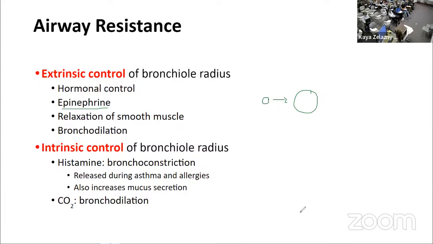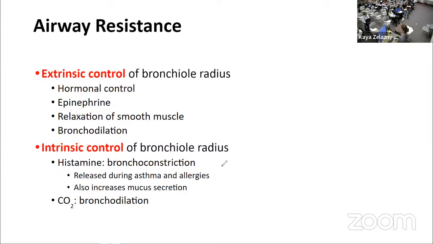So the next thing that we want to think about is intrinsic control of bronchial radius. When we think about intrinsic versus extrinsic pathways, intrinsic means of the thing itself. If you have intrinsic qualities, they're your own, of yourself.